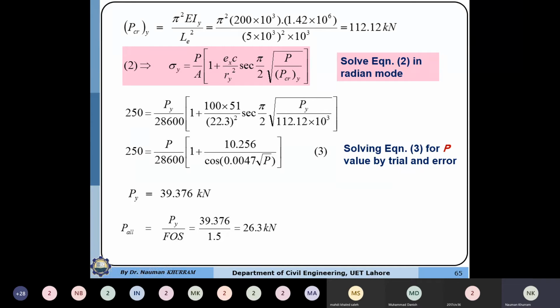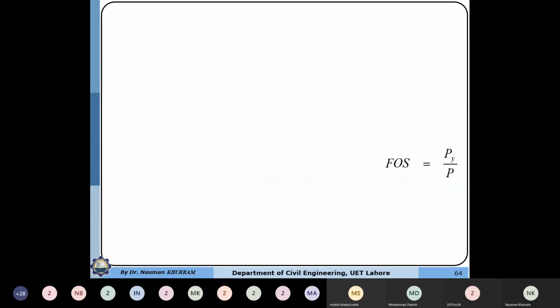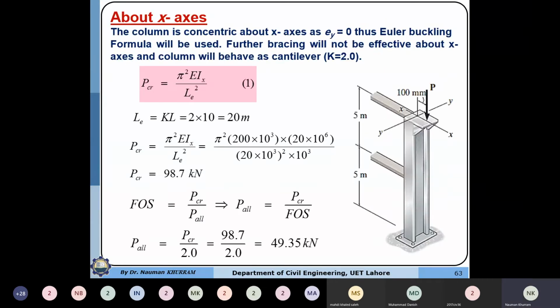So we have two safe loads, one about the x-axis and one about the y-axis. About the y-axis, the safe load corresponding to yielding load is 26.3, and about the x-axis, this load is 49.35. So about the x-axis, the allowable load value is more.